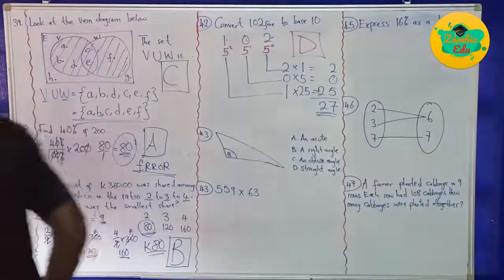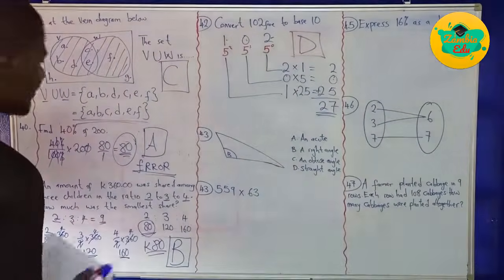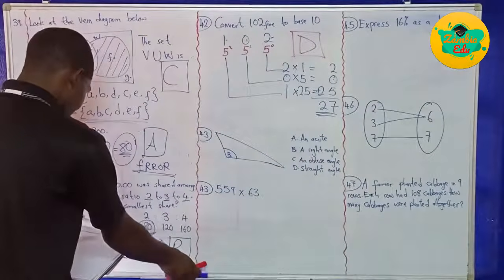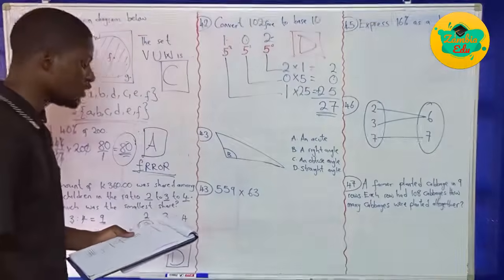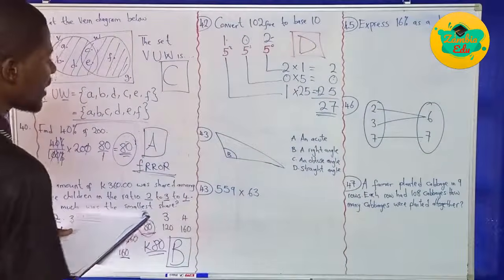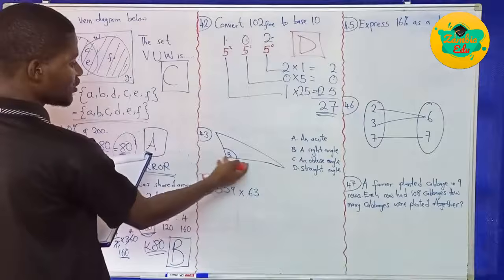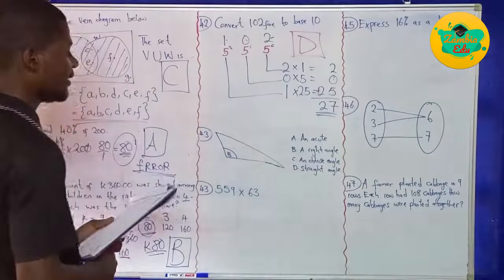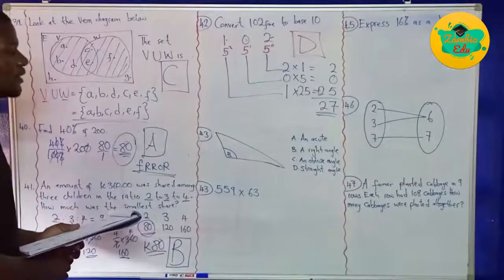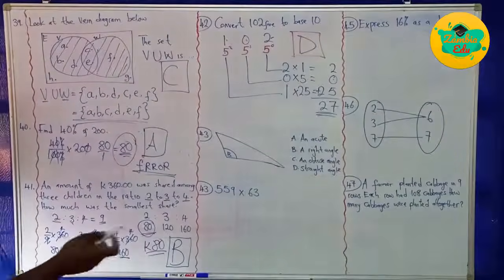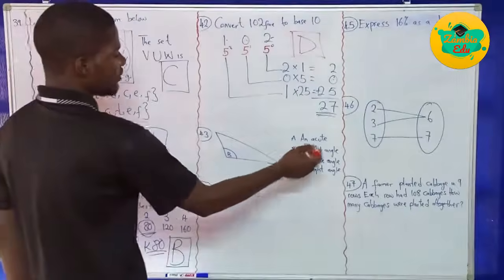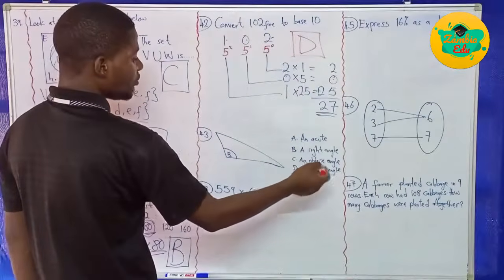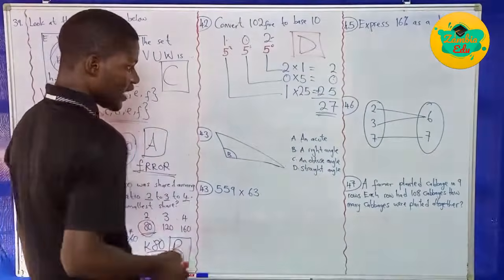Question 43 gives us a diagram, and the question reads, the angle marked B in the triangle below is called dash. So we have this triangle and they want us to name that angle. We have been given some options. A says it's an acute angle, B says it's a right angle, C says it's an obtuse angle, and D says it's a straight angle.